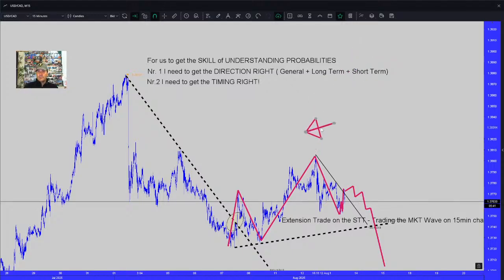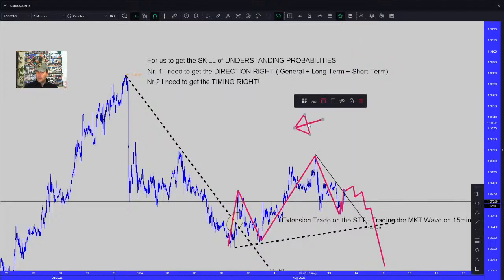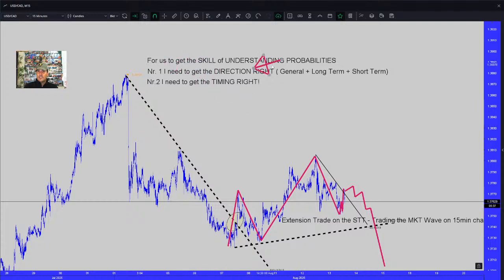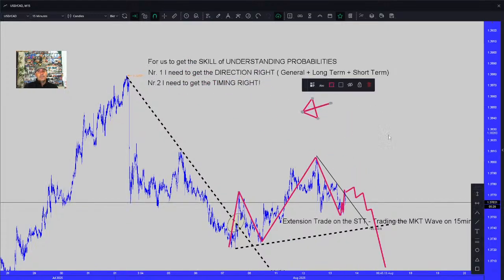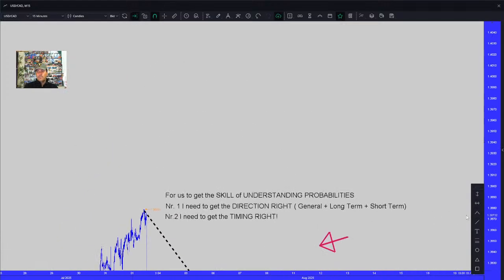For me to build consistency or to make some money, I need to get the direction right, and I need to get the timing right. Alright? It's not that difficult, everybody.